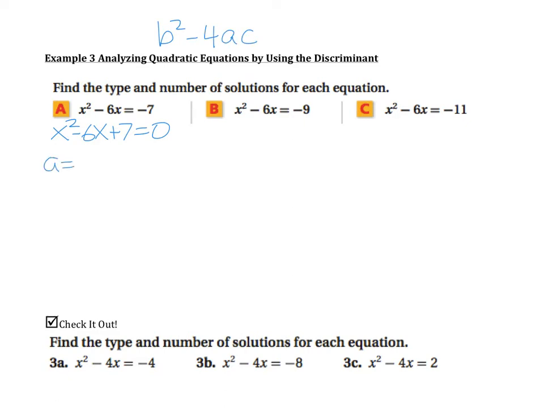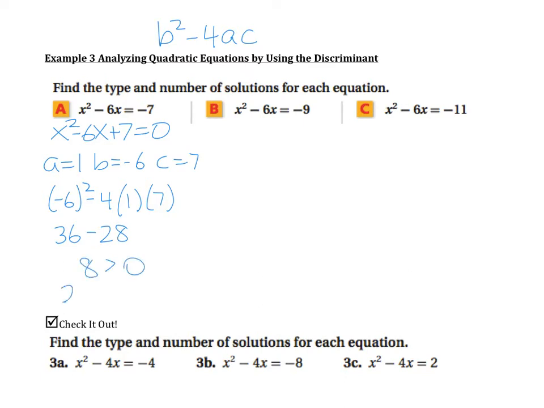So my a is 1, my b is negative 6, my c is 7. So I do negative 6 squared minus 4 times 1 times 7. So that's 36 minus 28, which is 8, greater than 0. So that's two real solutions.